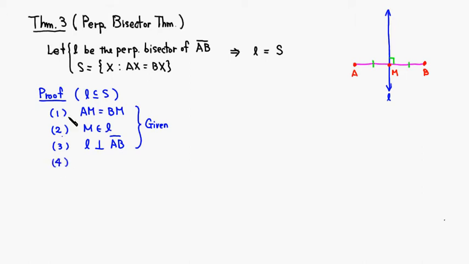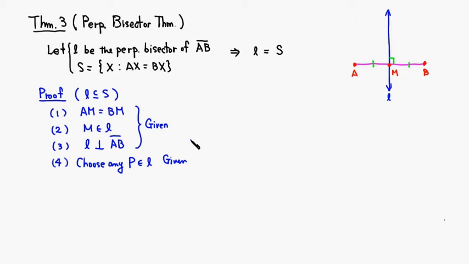I'm going to choose any point, say P, that is in L. So that's just going to be given. Then we try to show that this P actually belongs to S as well.